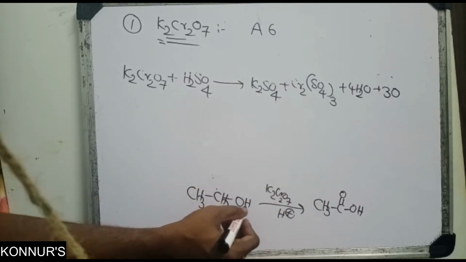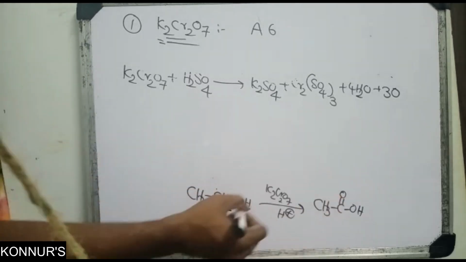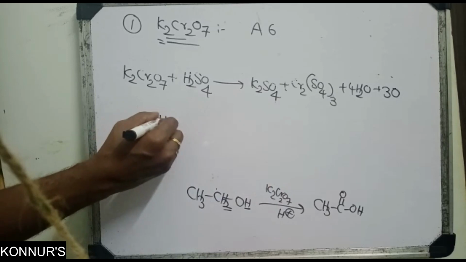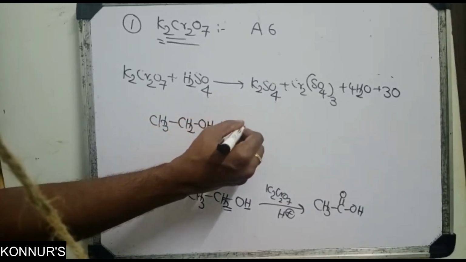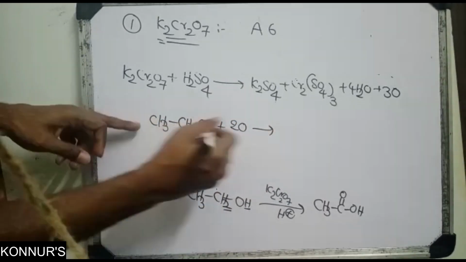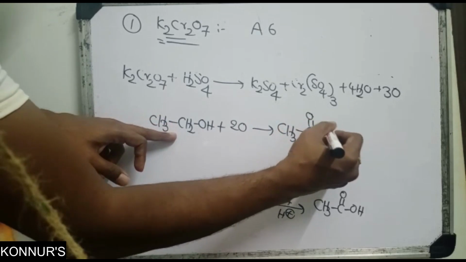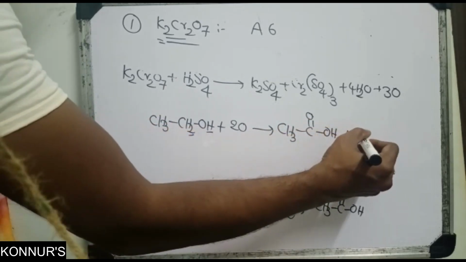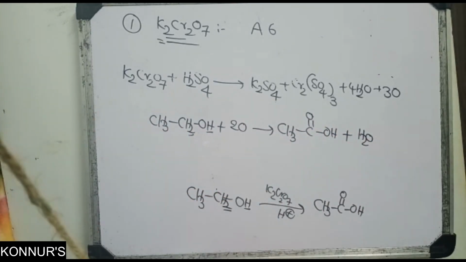One oxygen removes the hydrogen, another oxygen is coming. So 2 oxygens are required. CH3CH2OH reacts with 2 oxygens. Then CH3COOH plus H2O.